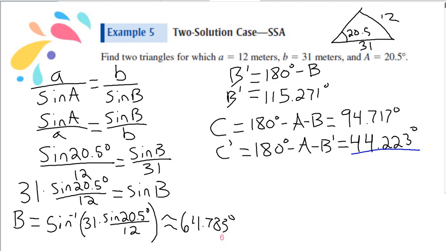If I only have one solution, basically what happens is once I find my second angle, the option for B, if we try to find the third angle with that second option, we get something that's negative, which means it can't happen. We'll look at one like that, but I'm just telling you, those are the two places that tell us whether I have no solution, one solution, or, since for us this worked, two solutions.